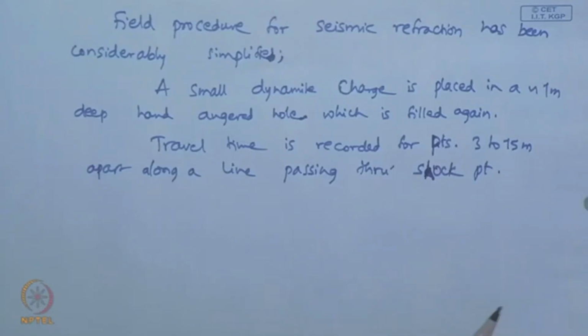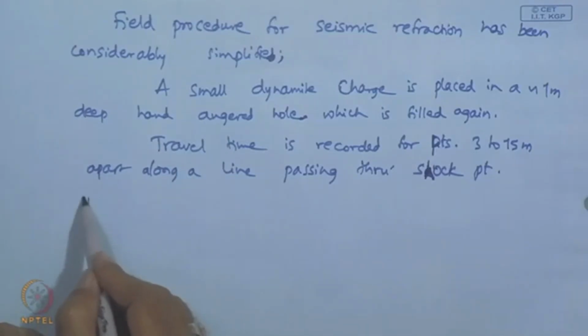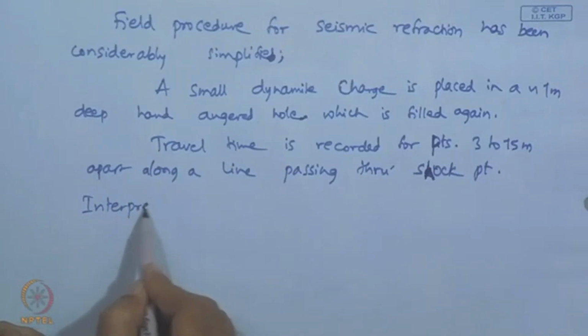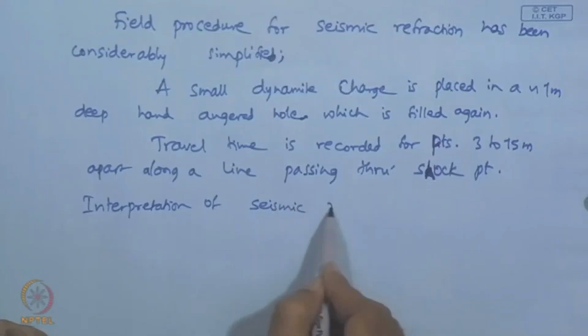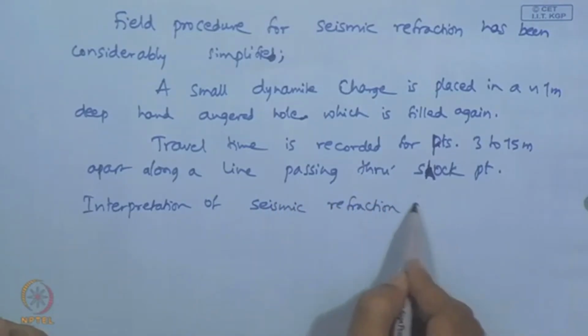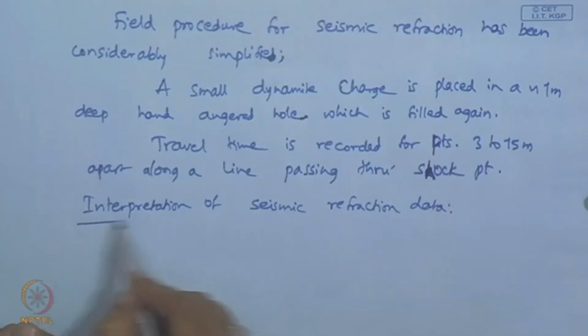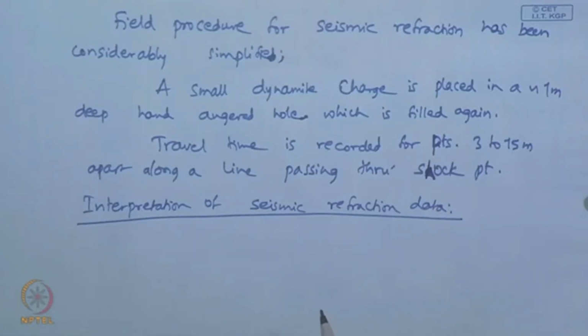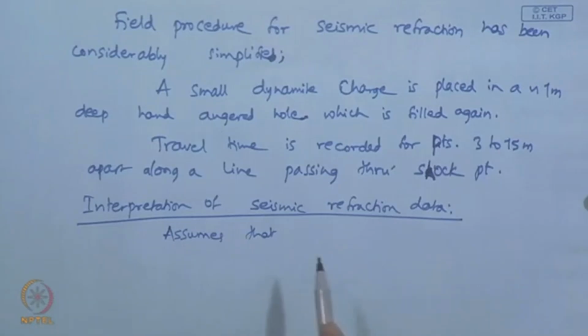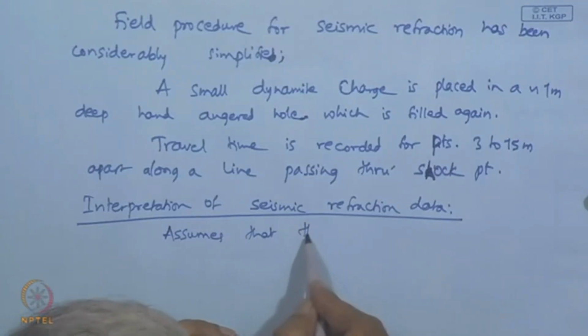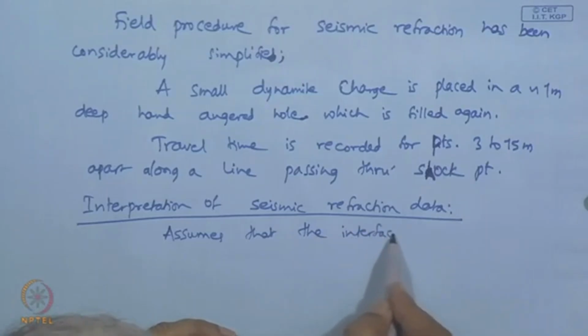And here, now let us discuss the interpretation of the data. This interpretation of the data assumes that the interface is a plane.